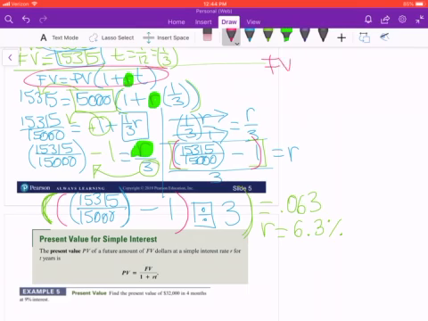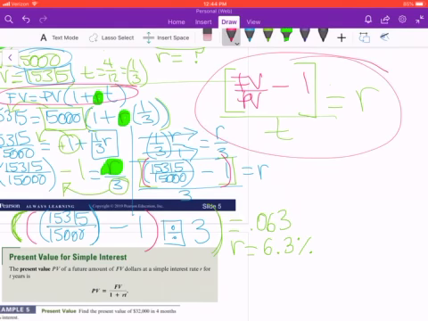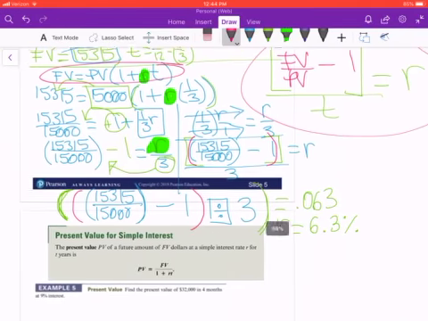The future value divided by the present value minus 1, and then all of that divided by time, and that will equal R, but only for simple interest. So feel free to use that when you're doing your homework.